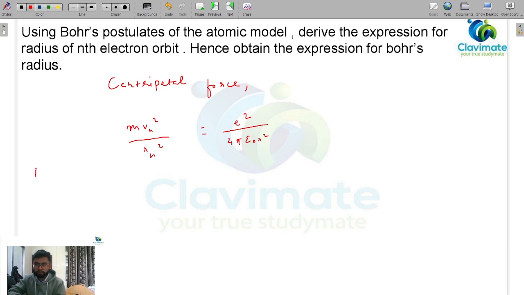And from Bohr's second postulate, we have Ln is equal to m vn rn is equal to nh by 2 pi.